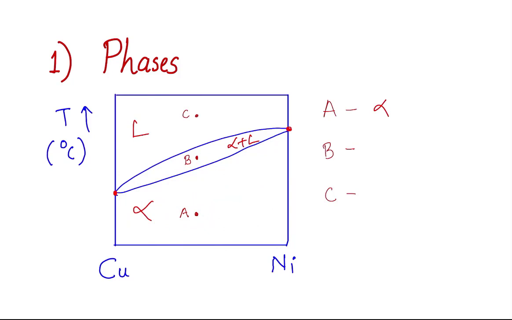Point B lies in between the solidus and liquidus line. So here we have two phases, one is alpha and liquid. At point C, there is only a liquid phase. So this is how we find out the phases.